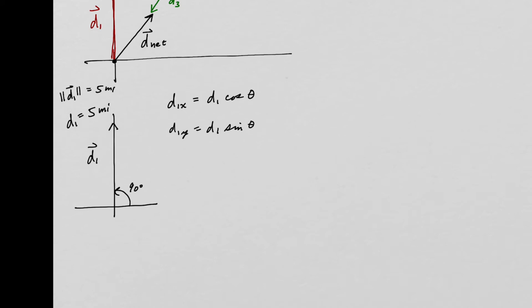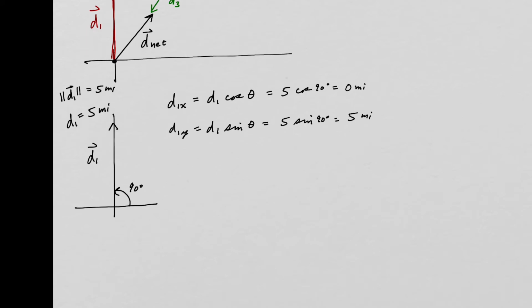And you could just plug in and you will get the answer with the correct signs as well. So in this case, if I plug in D1 is 5, and then cosine of 90, but cosine of 90 is 0, so this is going to be 0 miles. And then in the second one, if I plug in 5 and then sine of 90 is 1, so I'm going to get positive 5 miles. That's maybe the easiest way to do this.